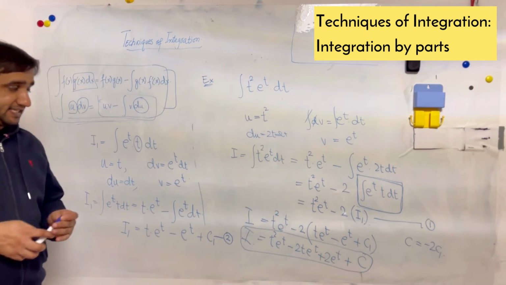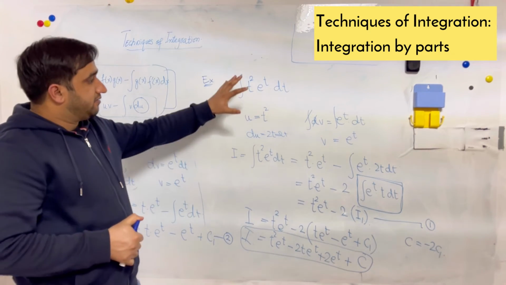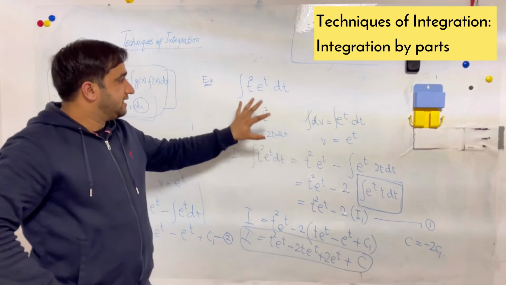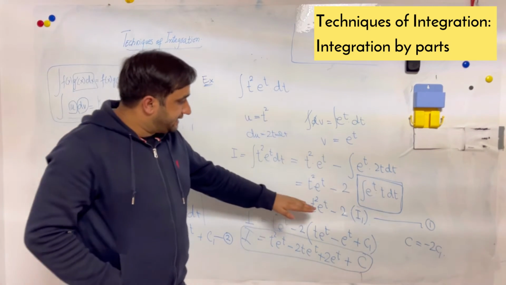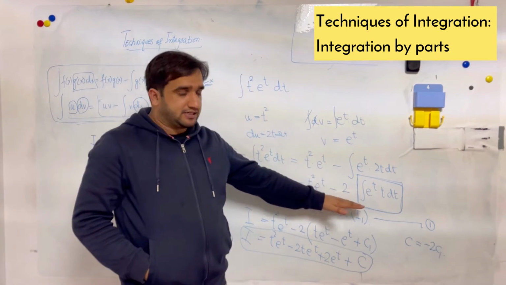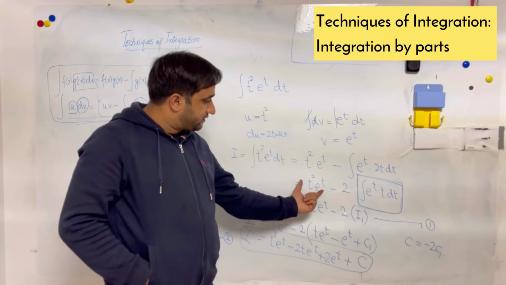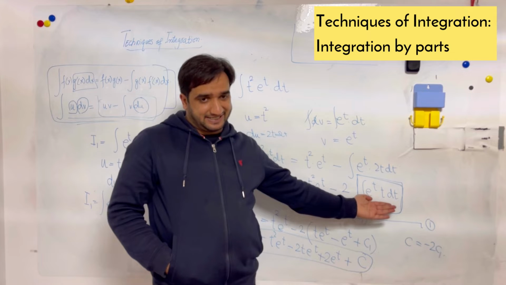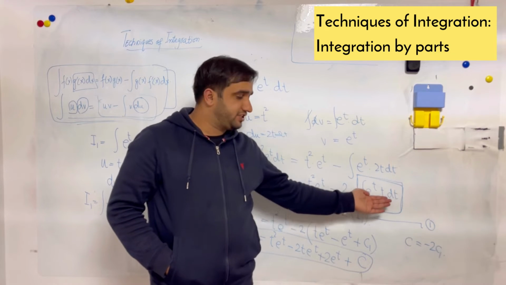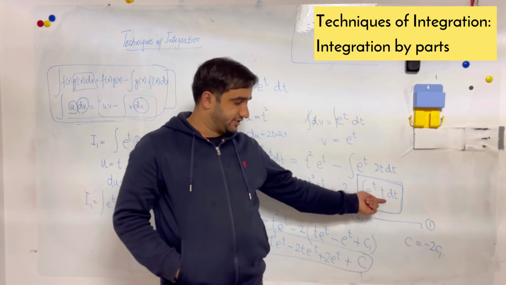But the only difference here was what? In the first part, we applied integration by parts, and instead of getting the final answer, we got some answer, but some part is again an integral in the form of a product of two functions.